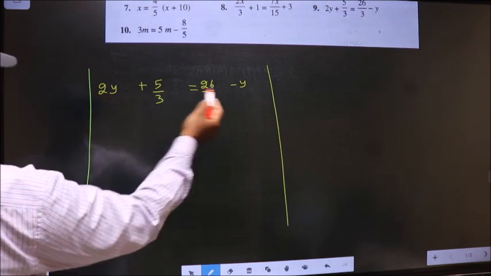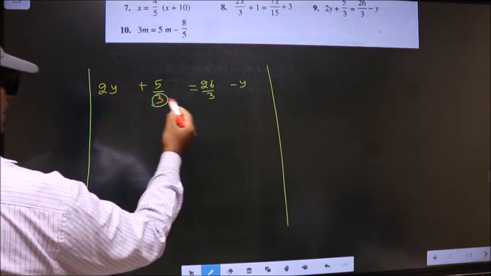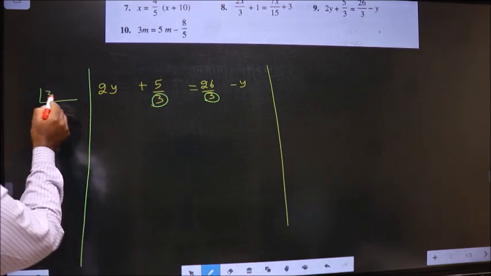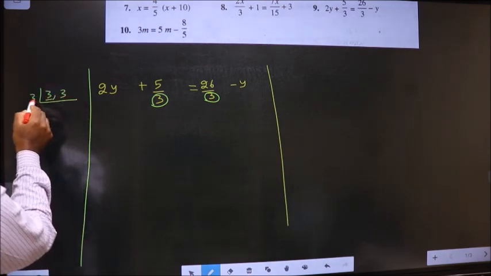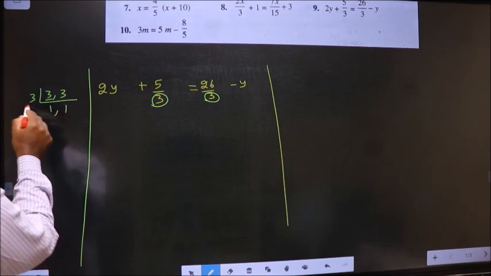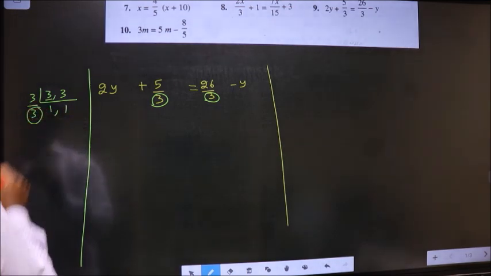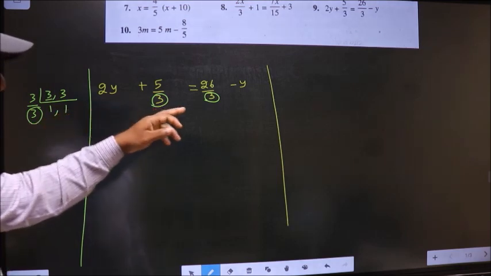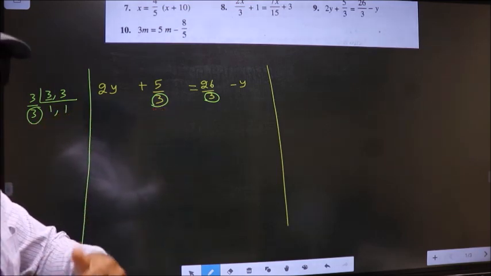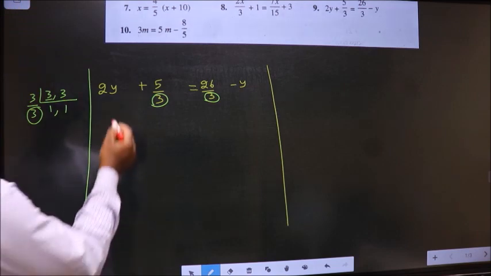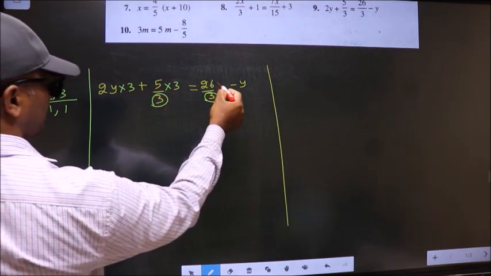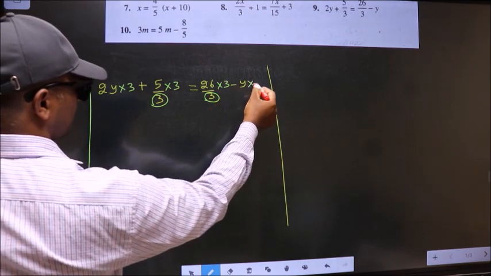So here the denominators present are 3 and 3. So the LCM we should take of 3 and 3. 3 ones 3, 3 ones 3. So the LCM is 3. Now with this LCM we should multiply each term. What I mean is into 3, into 3, into 3, into 3.